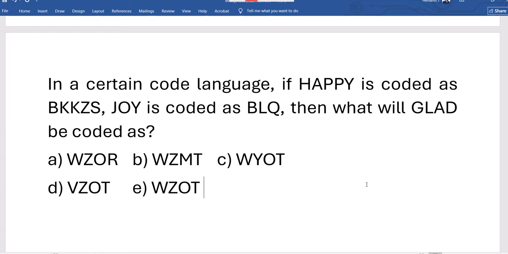So, anyone got the answer? Yes. Option E is correct. Happy is given as BKKZ.